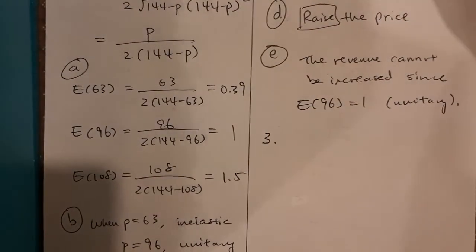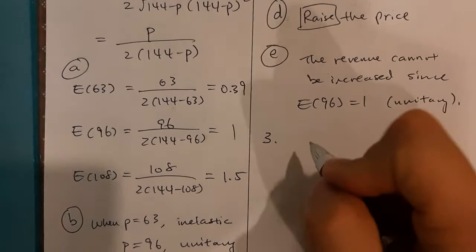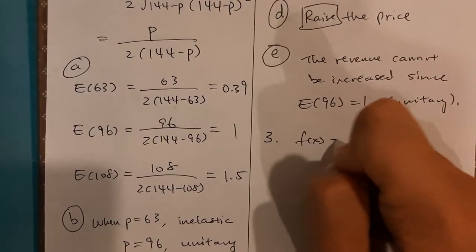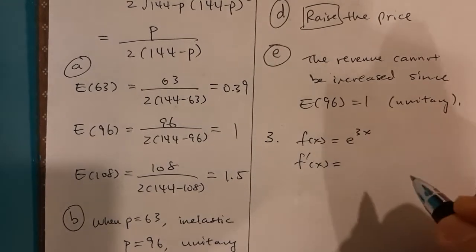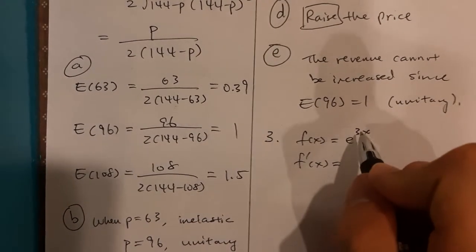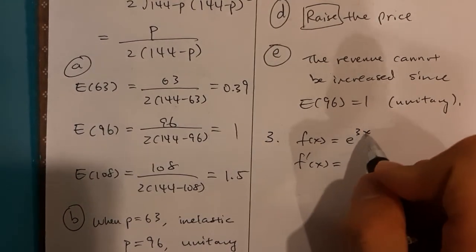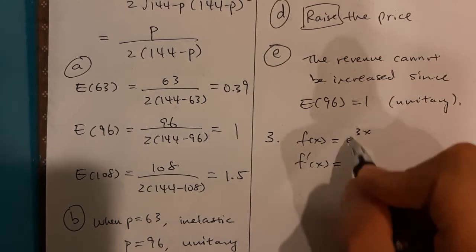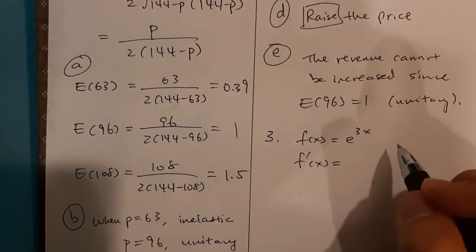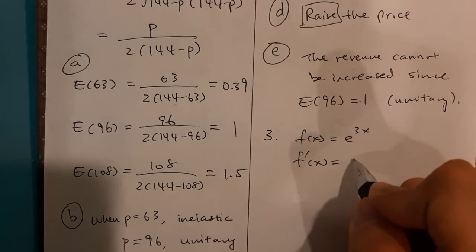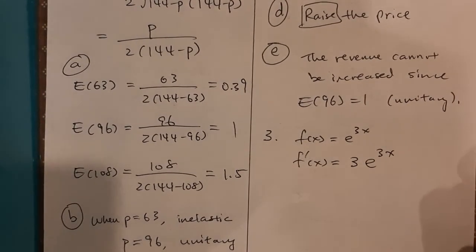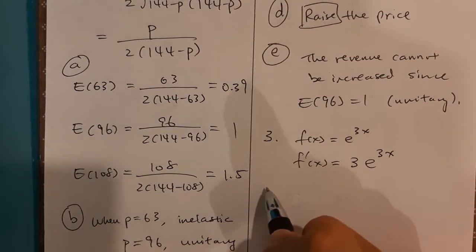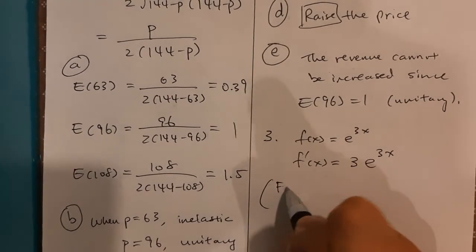Find the derivative of e to the 3x. So you have f of x equals e to the 3x. f prime of x equals, we need to use the formula. So we need to get the derivative of the exponent. That would be 3, and then we copy the original. So what is the formula?